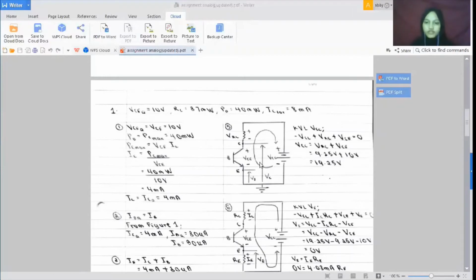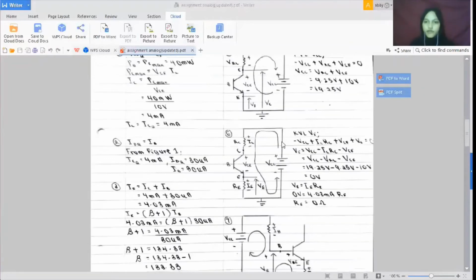We will be using the anti-clockwise direction, and we will get negative VCC plus VRC plus VCE equal to 0. That is the equation for this KVL. We want to search for VCC, so we arrange the equation into VCC equal to VRC plus VCE. Just enter the values for VRC and VCE, and we will get 19.25 volt.